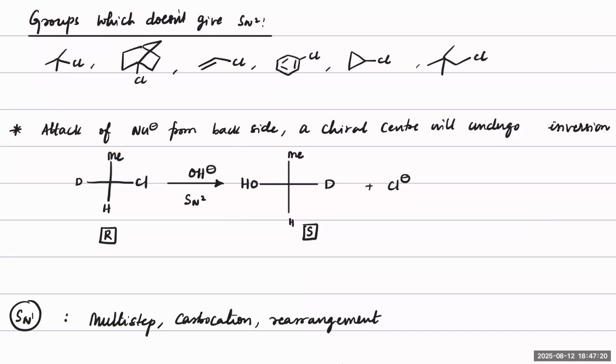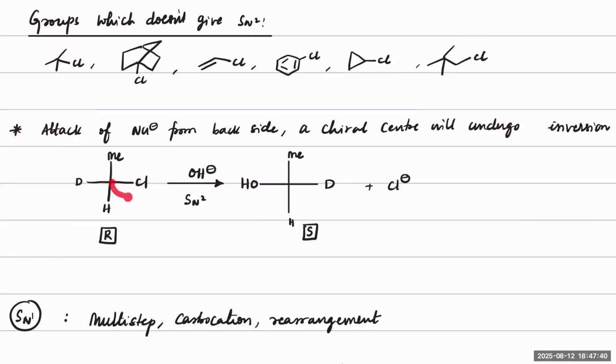Attack of the nucleophile from the back side, a chiral center will undergo inversion. See, if this is a chiral center, beta, and I have written it this way. Now tell me, as soon as I remove this chlorine, you will get an OH group by SN2 mechanism.